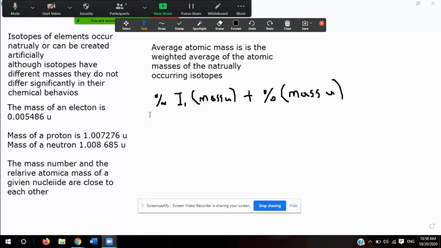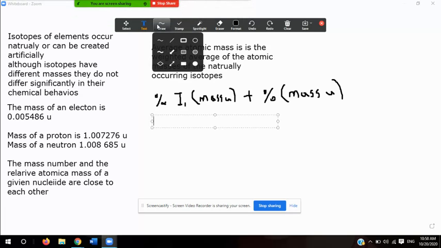Copper 63 is an isotope of copper, obviously, and consists of 69.15%. So that's the percentage, the presence of it.